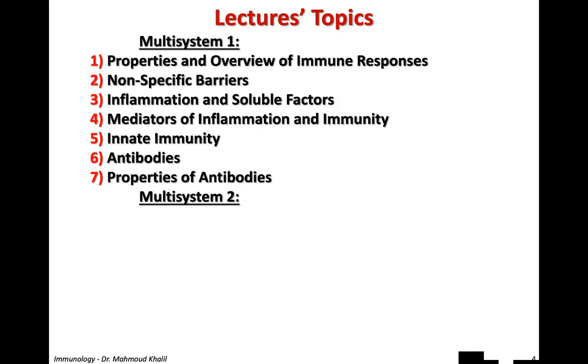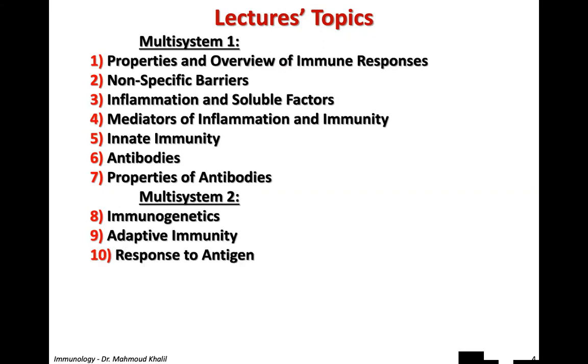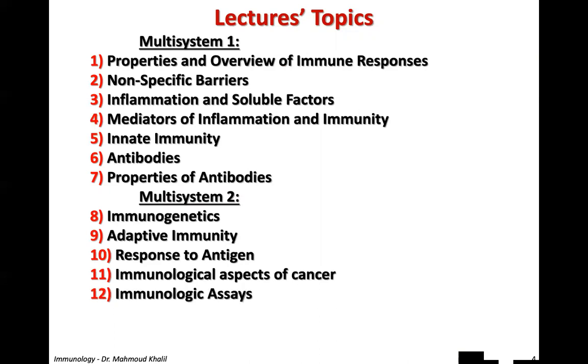Then for Multisystem 2, we'll start talking about immunogenetics, the adaptive or the acquired immunity, how the body responds to antigen, and then the immunological aspects of cancer, and then we'll see some immunological assays to detect the antibodies in our body.